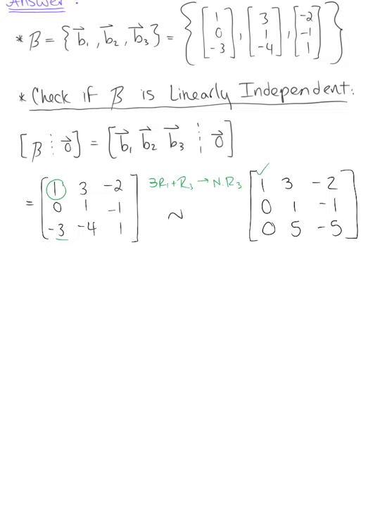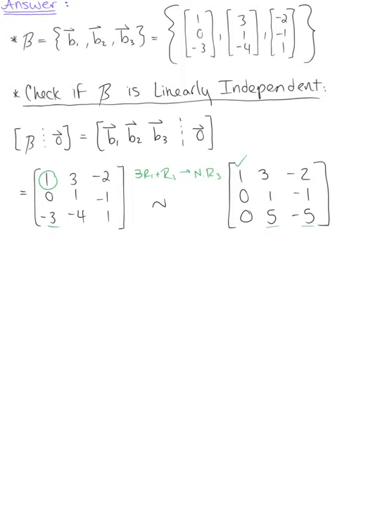Moving on to the second pivot, actually, we can reduce our third row here. We could do 1/5 multiplied by the third row to produce the equivalent matrix 1, 3, negative 2, 0, 1, minus 1, 0, 1, minus 1. And at this point, we can go ahead and stop.